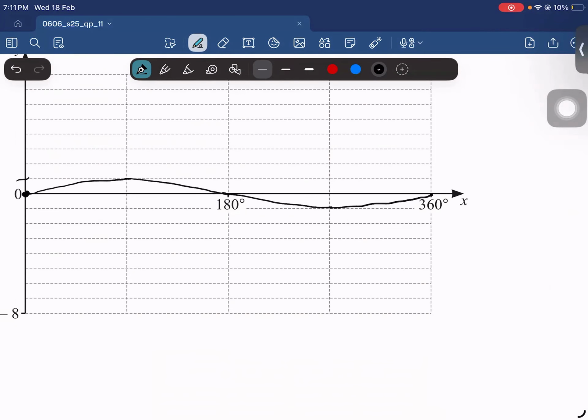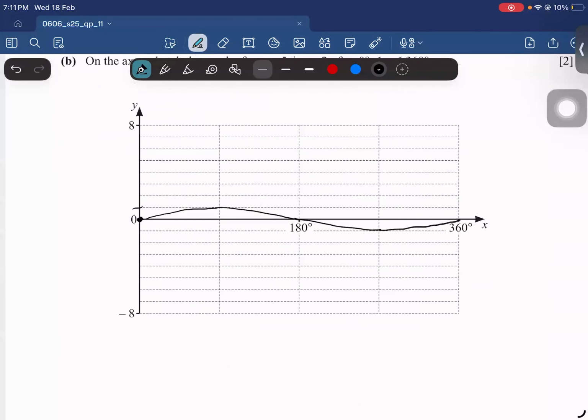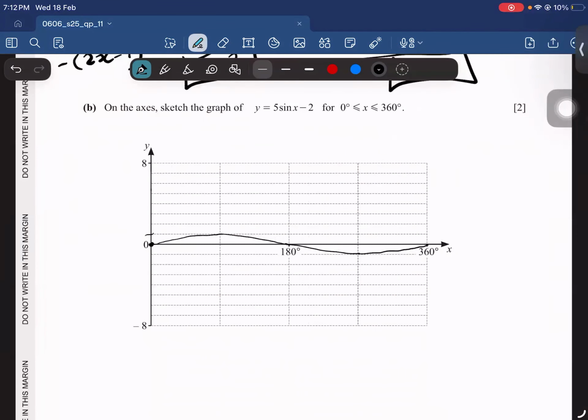And that is what our basic sine graph looks like. So what I've drawn here is the graph of sine x. But now what it wants us to do is create 5 sine x minus 2, but I'm just going to draw 5 sine x first.